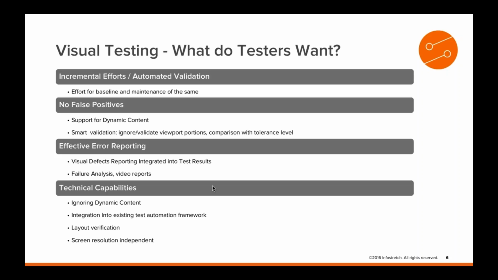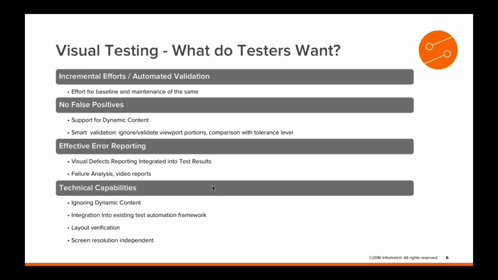So what you want is the least intrusive way of interspersing your visual test within your GUI test. Something that magically came in and validated your GUI test visually also, right? That is what you want.